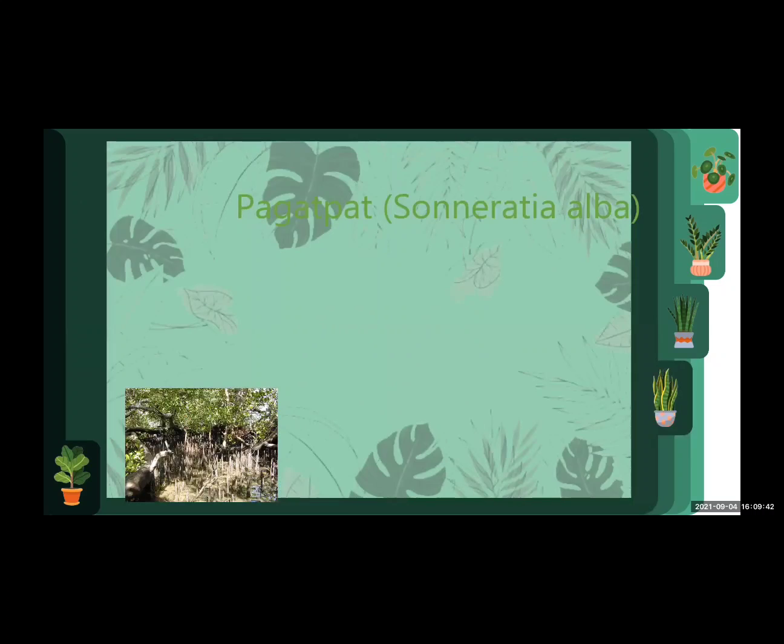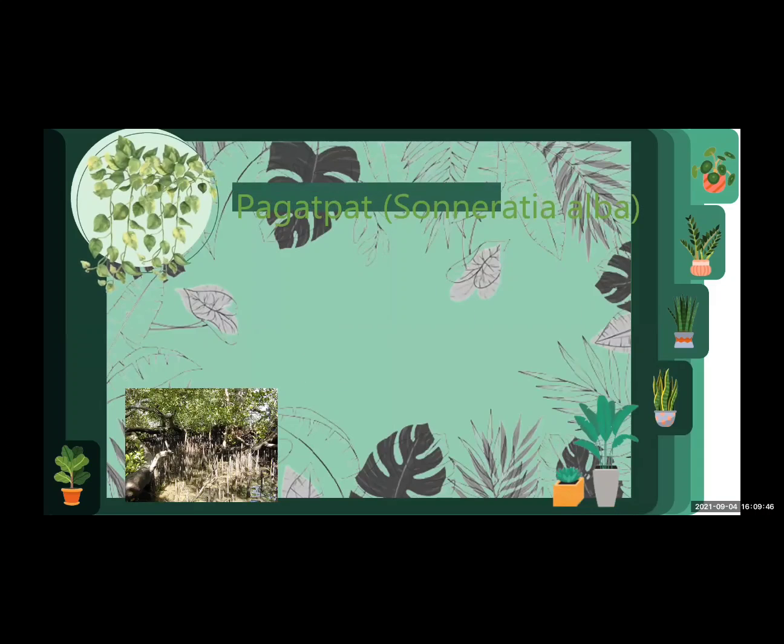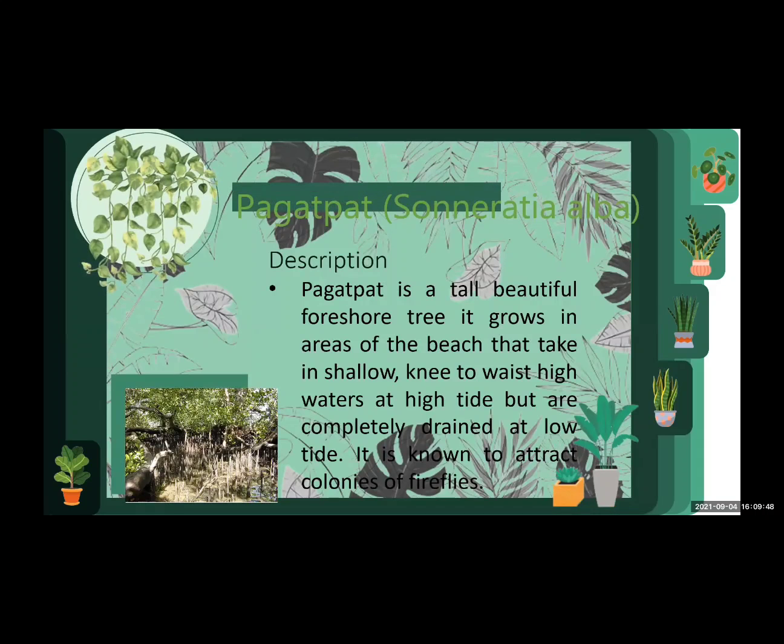Next is pagatpat, or its scientific name Sonneratia alba. The description: this pagatpat is a tall, beautiful foreshore tree. It grows in areas of the beach that take in shallow, knee to waist high waters at high tide, but are completely drained at low tide.